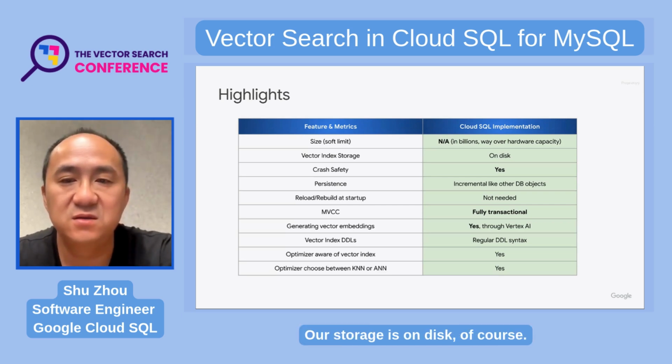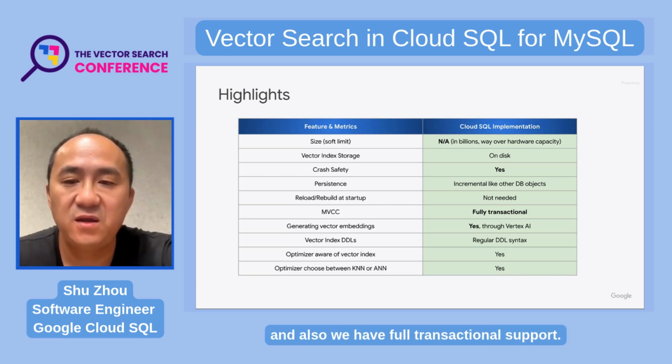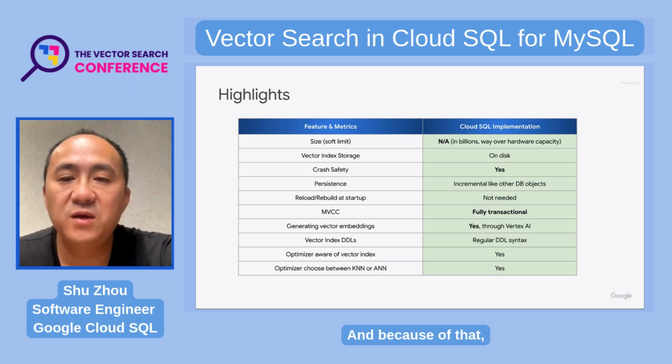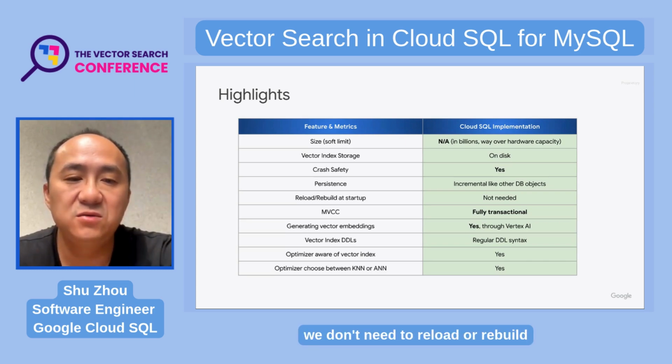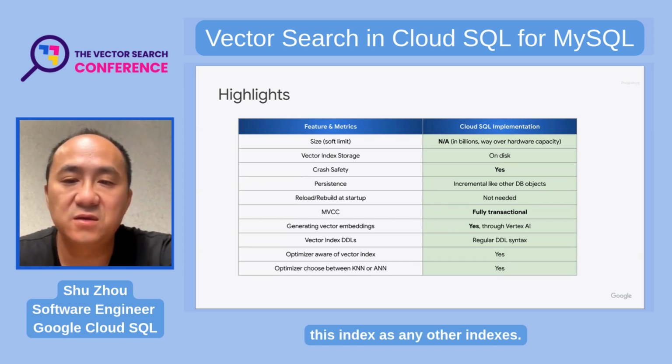Our storage is on disk, of course. We have crash safety, and also we have full transactional support. We have full MVCC. And because of that, we don't need to reload or rebuild the index at startup. We can just reboot the machine and start using this index, as with any other indexes.